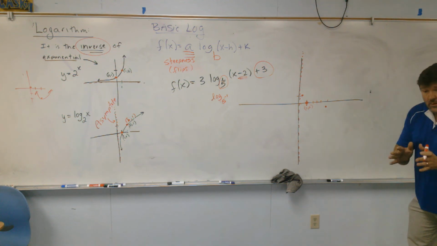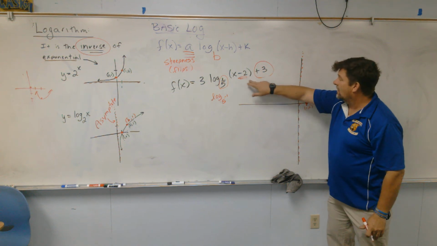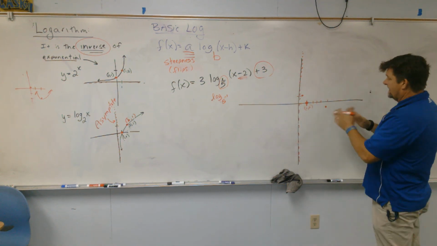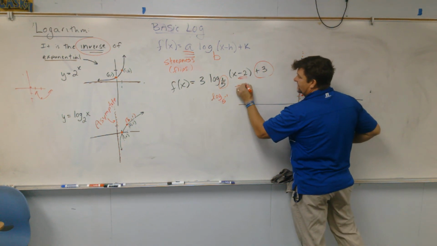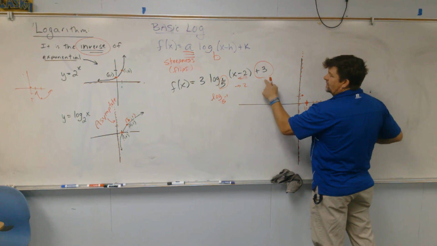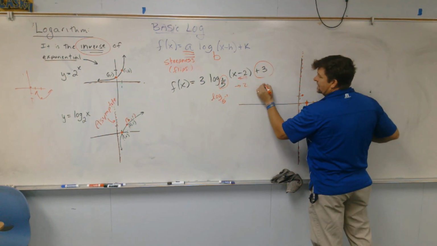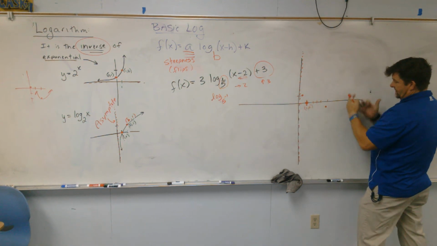So now we've got to deal with H and K. H and K are big deals right now. Now I've got to take this one and move to the right 2 because it's always the opposite, and then I'm going to move up 3. So everything here goes to the right 2 and up 3.